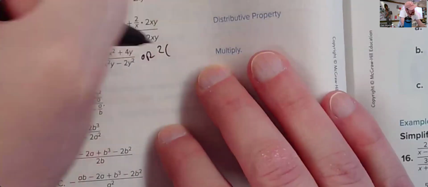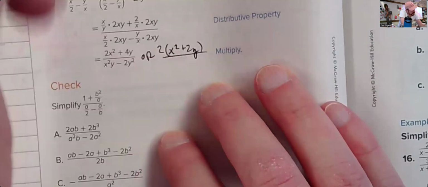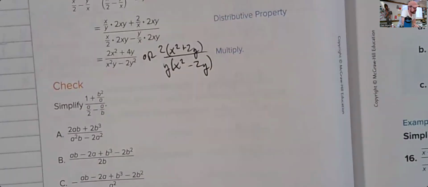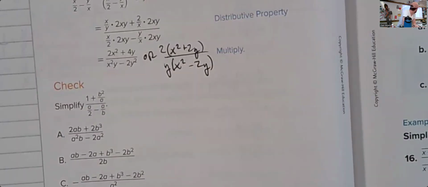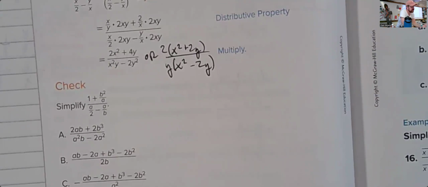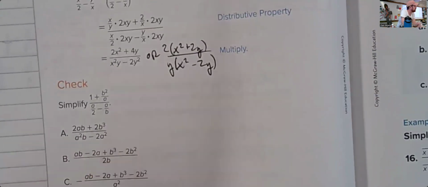You could say 2 parentheses x squared plus 2y over, let's see, we can factor out a y here, so that would be y times x squared minus 2y. So you could write it like that. Nothing to actually reduce after that. So there's no real need to factor those out, even though you could.